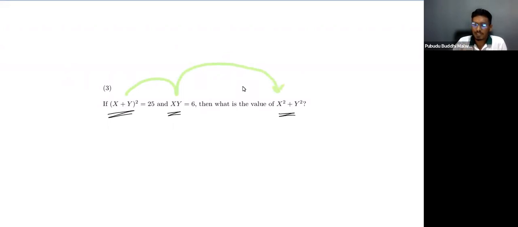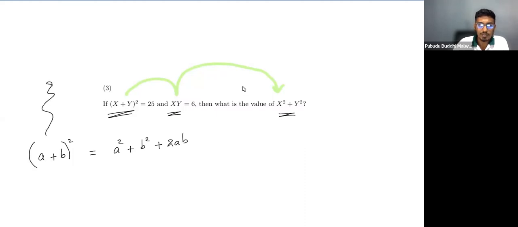So x plus y squared. Maybe let me write a plus b squared. That is a squared plus b squared plus 2ab. If that is confusing, you can multiply a plus b by a plus b. You will get the same answer because that's the meaning of a plus b squared.